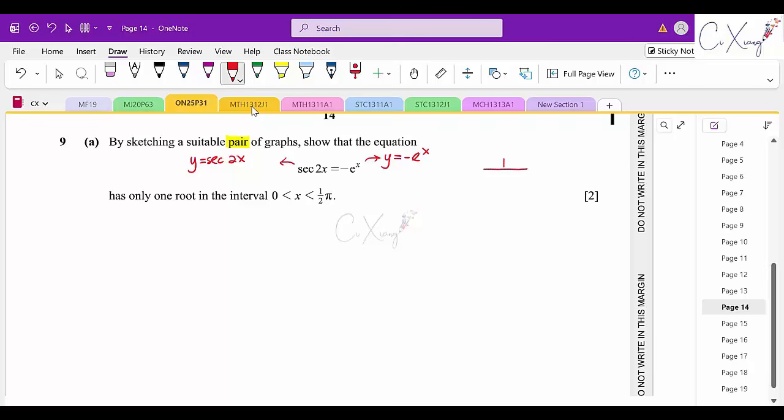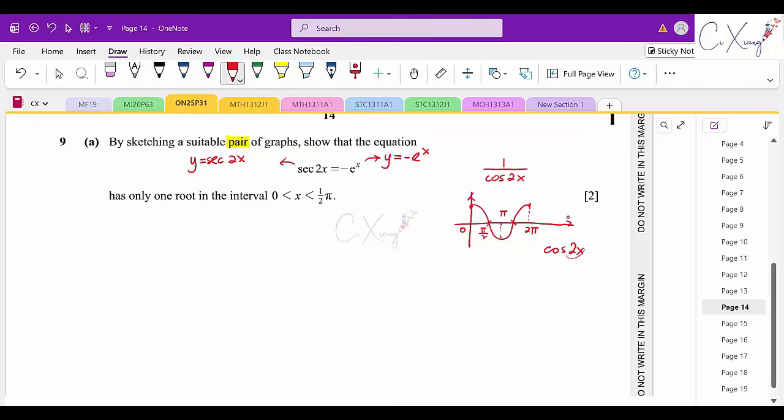Secant 2x comes from the original graph of cos x, because secant 2x is 1 over cos x. So usually, what I do here is I try to draw the original graph of cos x first. This is the cos x. I'm having 0, then pi over 2, then pi, 3 pi over 2 and 2 pi. This is the original graph for cos x. But if I want to apply a stretch in the x direction, that means when I have a 2 inside the basic function of x, then basically all the values of x I have to multiply by half.